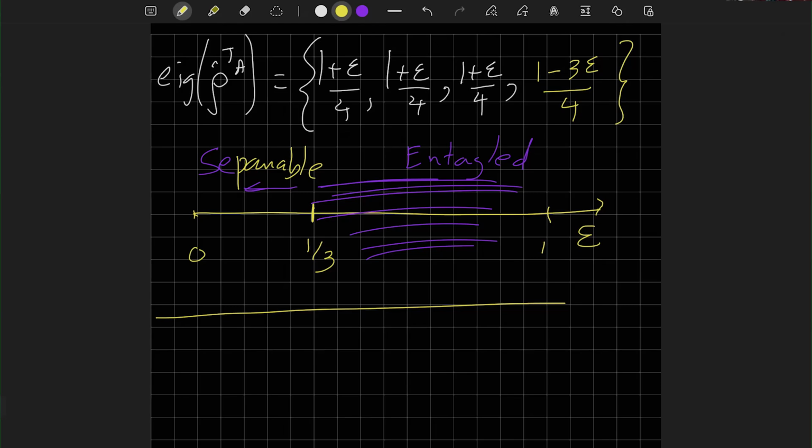The concurrence can also be derived from the density operator. That is the degree of entanglement. It's a monotonic function of the degree of entanglement. Monotonic means the higher the value of the concurrence, the higher the degree of entanglement. So this is only a binary test. It's called the positivity of the partial transpose test, the PPT test, or the Peres test.